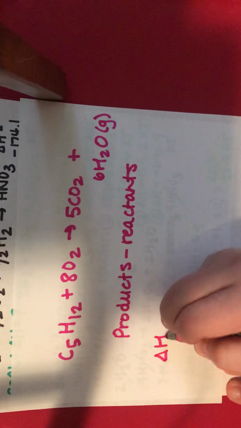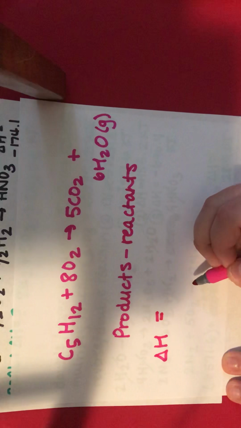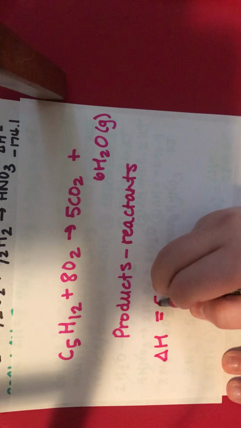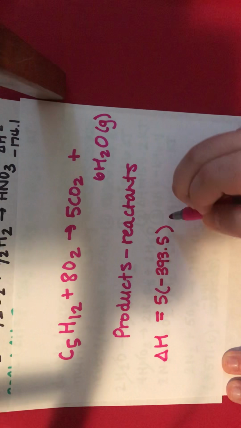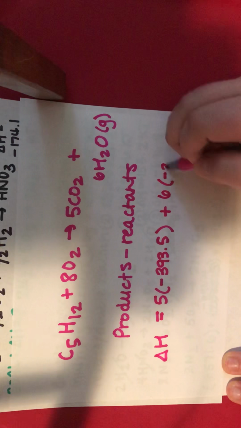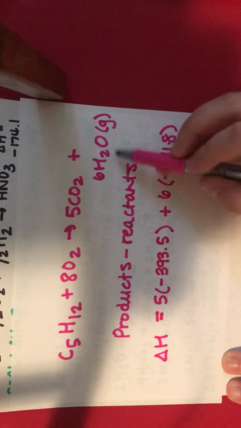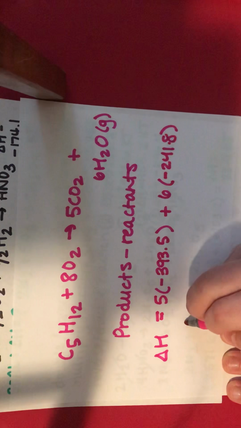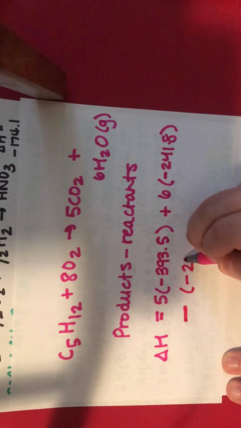So we're doing delta H. The delta H of carbon dioxide is negative 393.5, times 5, plus 6 times negative 241.8, which is the delta H of water vapor, the gas, minus negative 276.